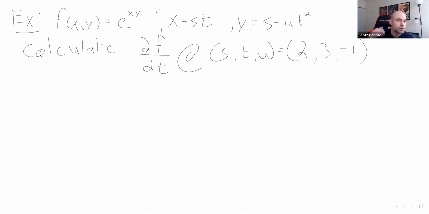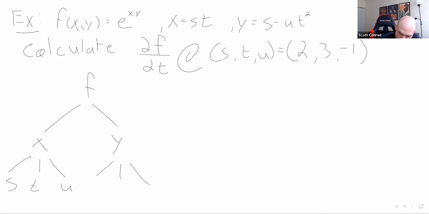Okay. So we're going to draw our tree. F, let me give myself a little more room here. So f, we initially treat as a function of x and y, so e to the xy. But x and y are each functions of s, t, and u. So we want df dt, the partial of f.